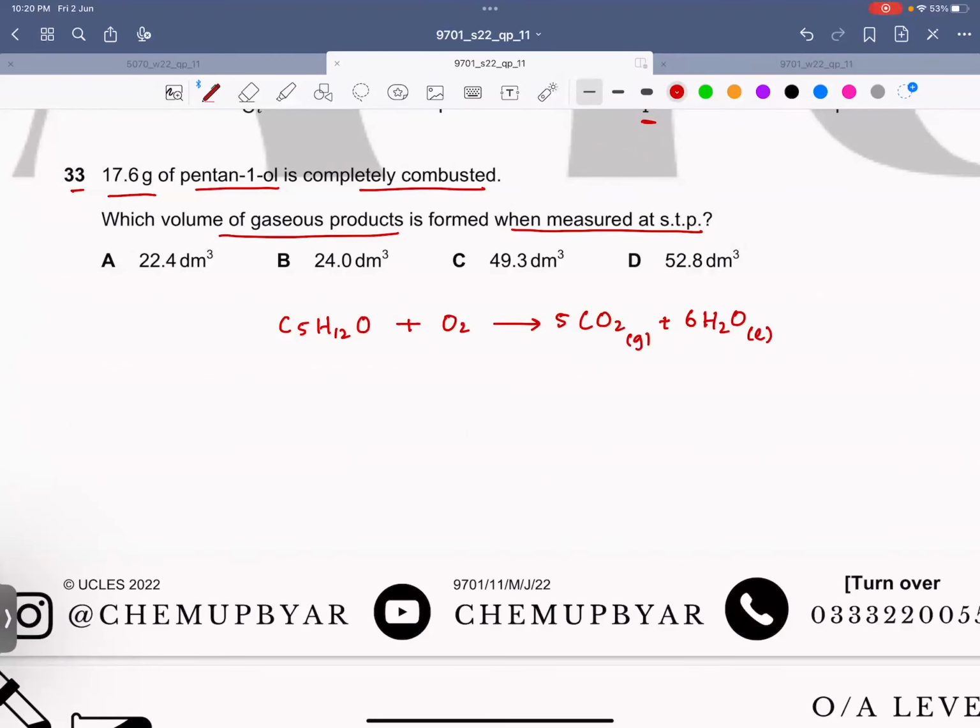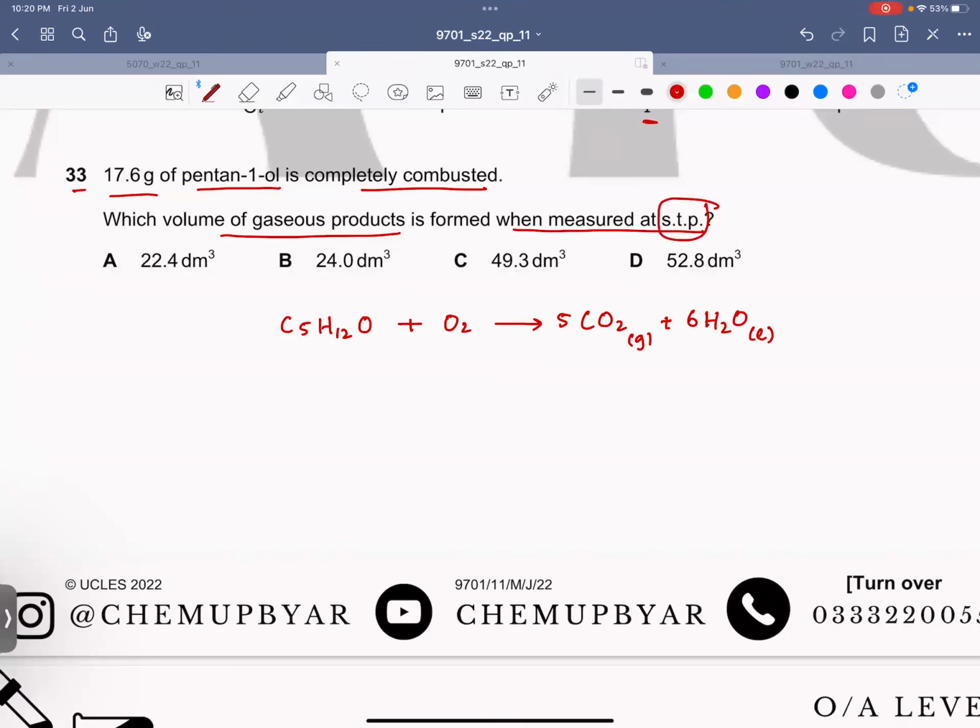Now, the other thing important over here is this is STP, not RTP. And at STP, you must remember that one mole of gas occupies 22.4 decimeter cube.